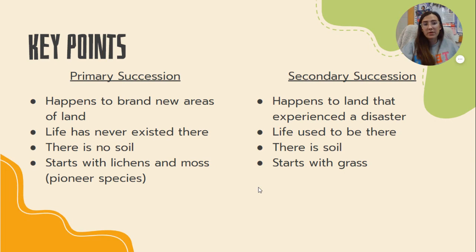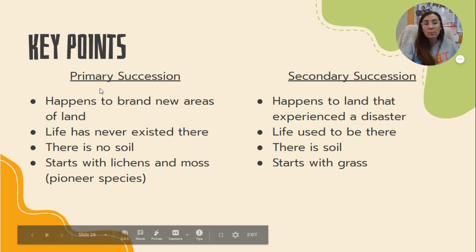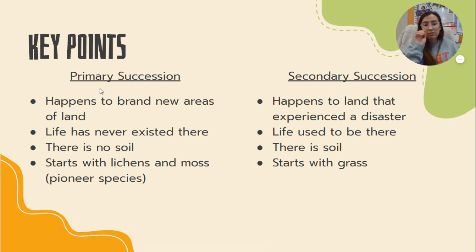Key points to remember about succession. Primary succession is first. It happens to brand new areas of land. Life never existed here. There's no soil. It starts with pioneer species that are called lichens and moss.